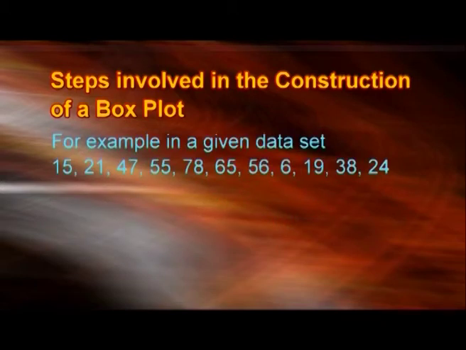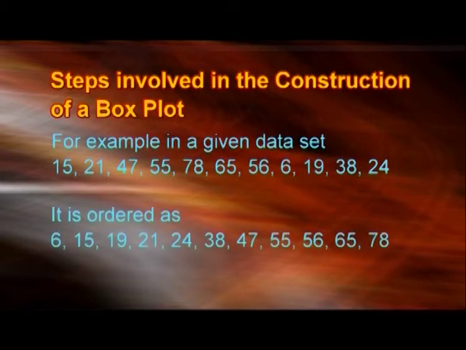For example, in a given data set, 15, 21, 47, 55, 78, 65, 56, 6, 19, 38 and 24. It is ordered as 6, 15, 19, 21, 24, 38, 47, 55, 56, 65 and 78.